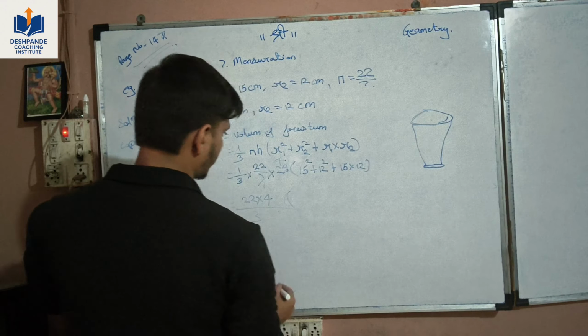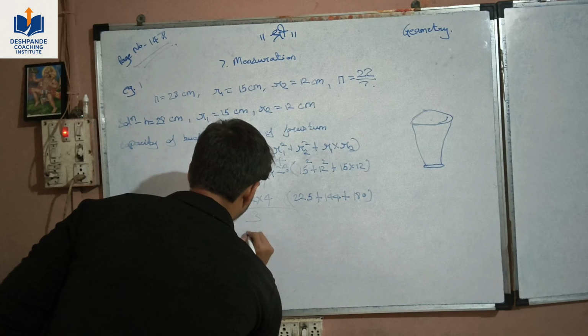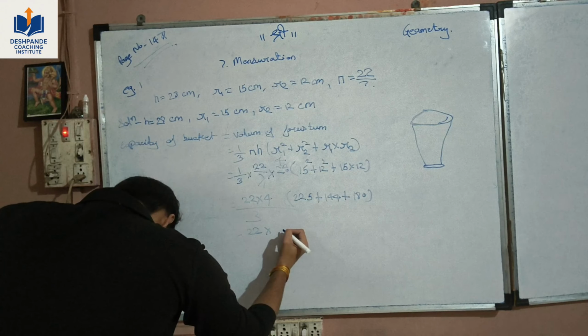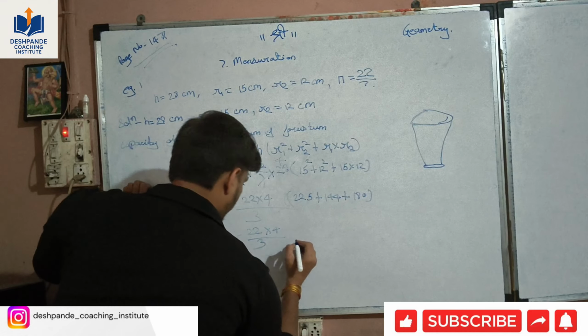So we have to solve this. It will be again 22 into 4 upon 3. So 225 plus 144 plus 180 is equal to 549.